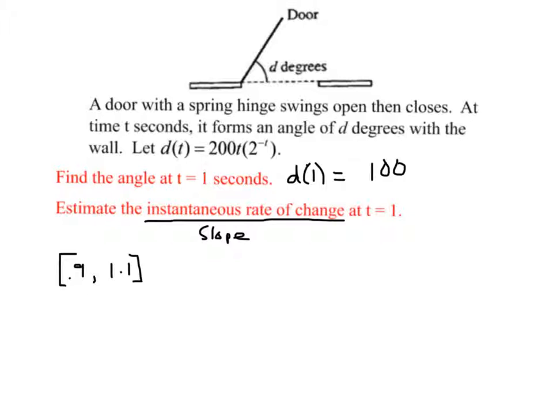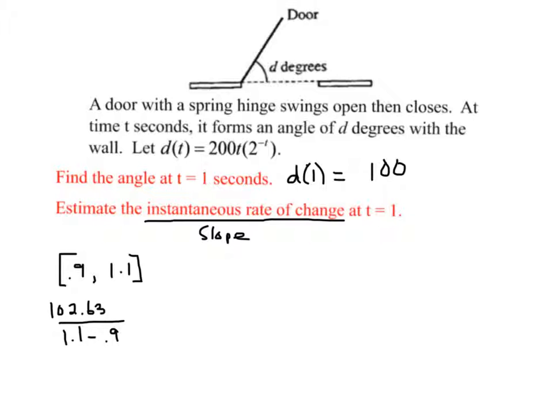Okay. And what I'm going to do is plug in 1.1 minus 0.9, that will be my change in x. I'll plug in 1.1 and 0.9 to my calculator, and I will be able to get the y coordinates. So let me do that real quick. If I plug 1.1 into the equation, I get 102.63.